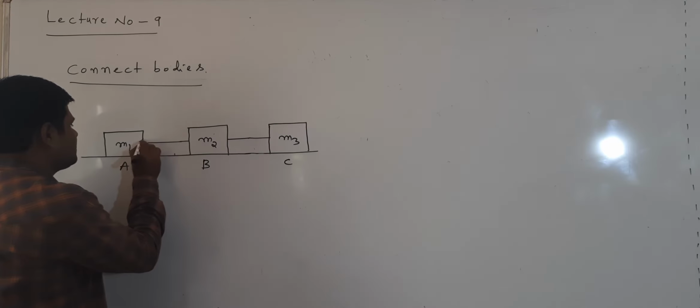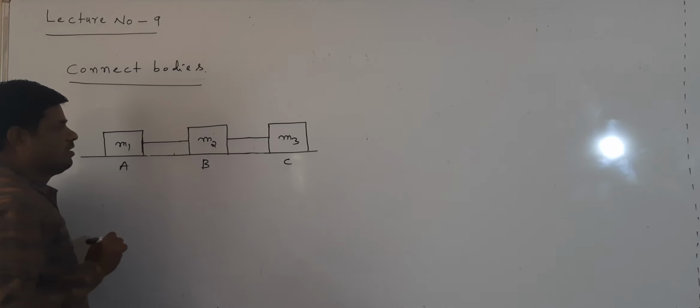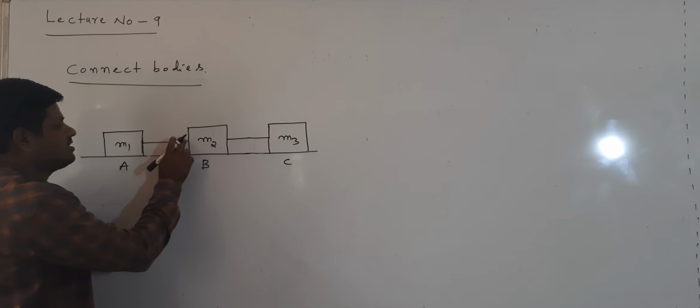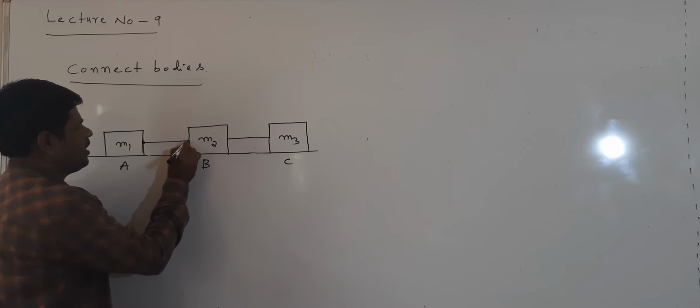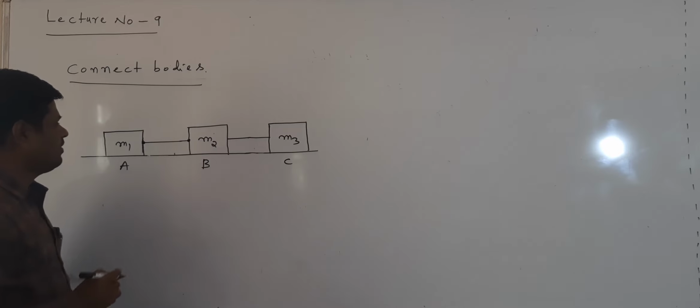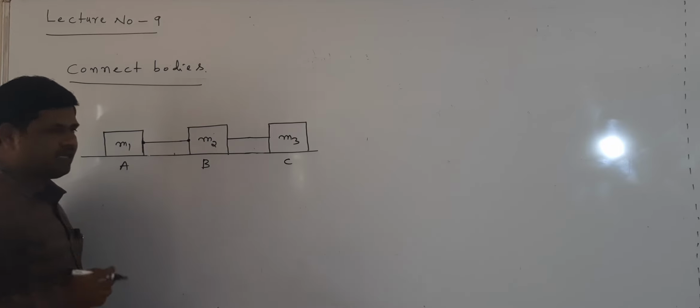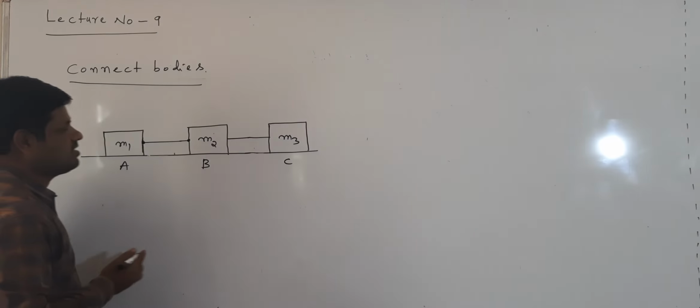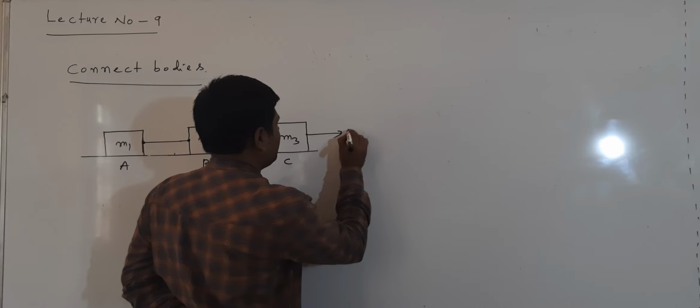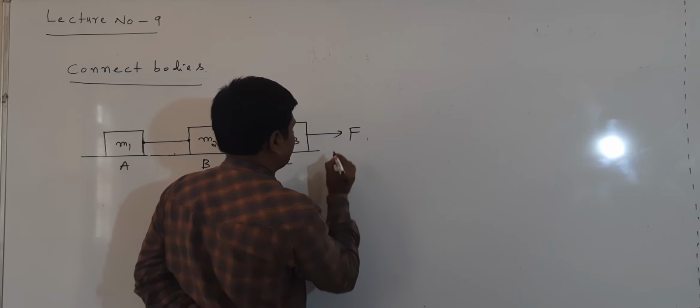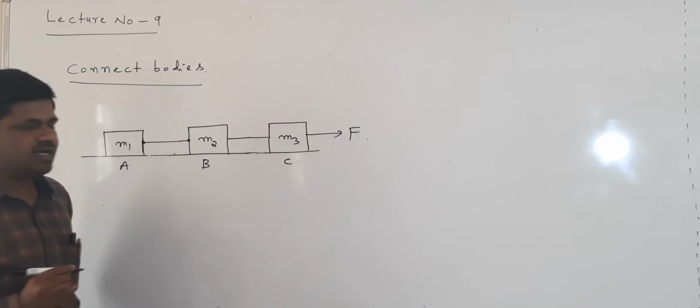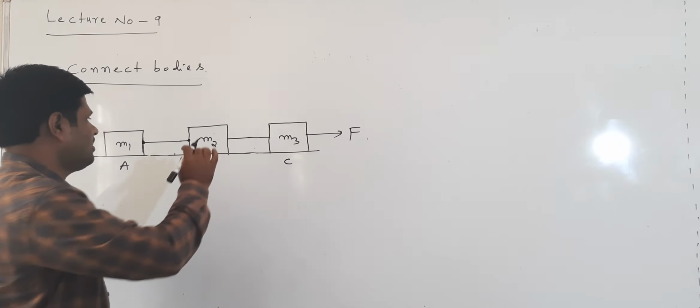Now this is a tied end. This is also a tied end. In this string I am taking the tension. How do we get the tension? We are pulling these bodies with an external force. When applying the external force, tension is developed in between the strings.